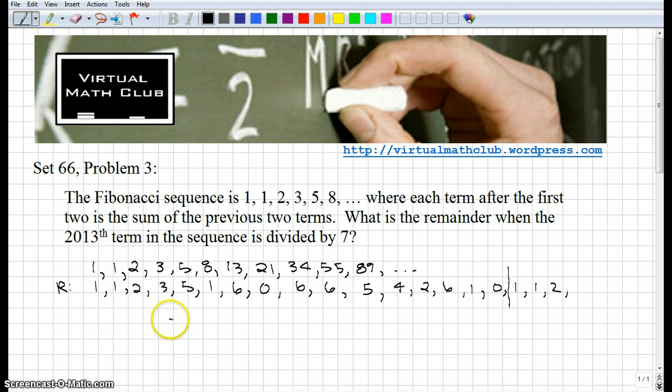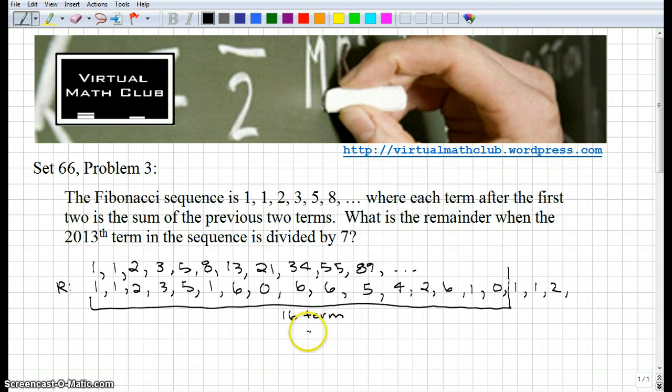So we have a pattern that repeats itself. It's a pretty long pattern, but this whole pattern just repeats itself over and over again. How many terms are in that pattern? 1, 2, 3, 4, 5, 6, 7, 8, 9, 10, 11, 12, 13, 14, 15, 16. So we have 16 terms in our pattern.